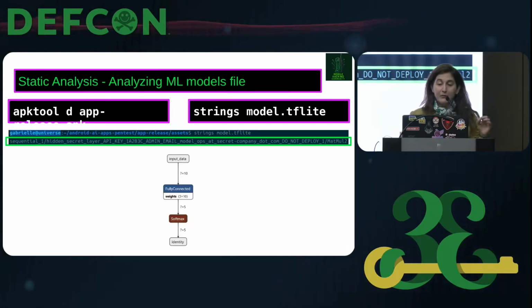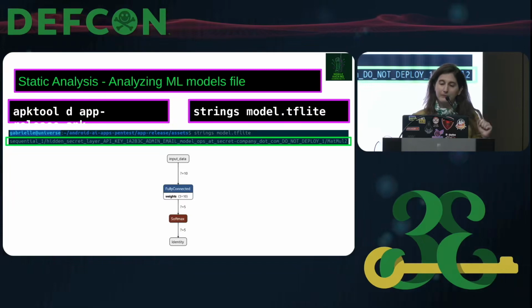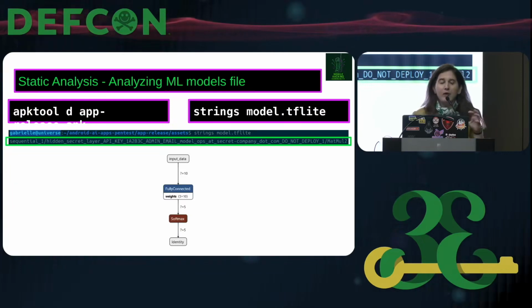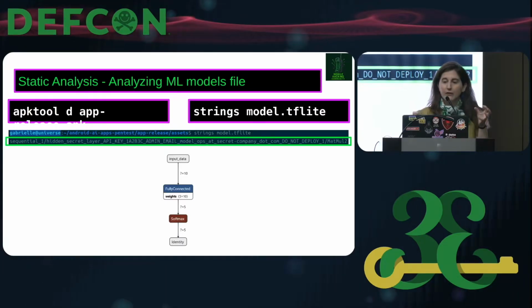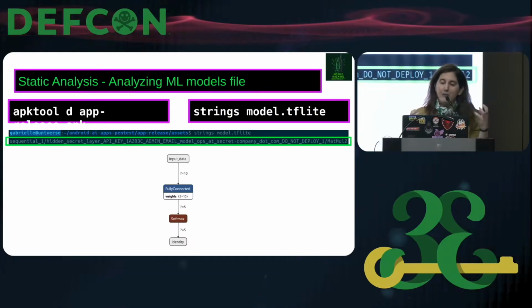So here, strings is enough for this specific demo, but if you wanted to do a more comprehensive analysis of a model file, you could use an app like Netron. Netron is a graphical viewer for neural networks, and it will help visualize the model's architecture, the layers and connections, and it can sometimes reveal metadata or layer names.